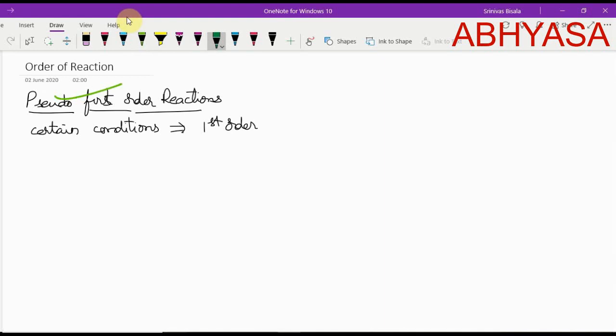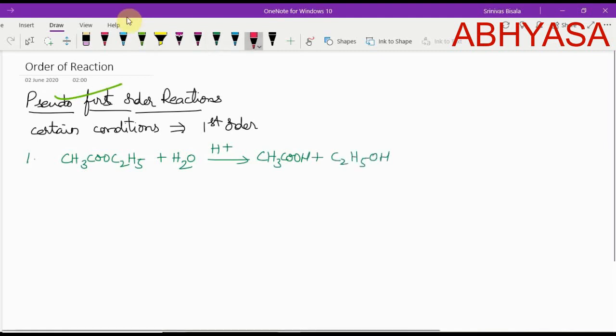Let's understand this by taking some examples. We have two examples in NCERT, and I am giving the same examples. One, when we take hydrolysis of ethyl acetate in presence of dilute mineral acid, we get CH3COOH and ethyl alcohol. Now, in this particular reaction, water is taken in very large excess amount.